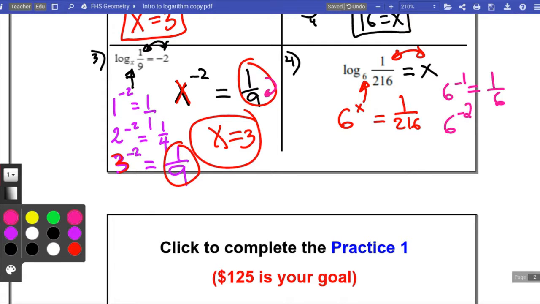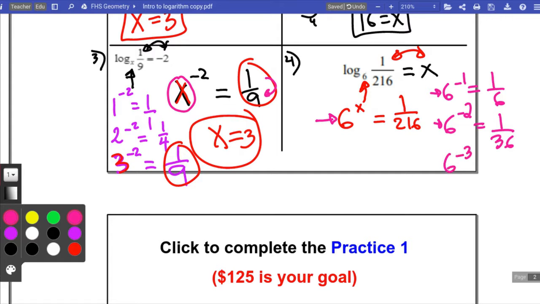Raised to -2. Why am I still using 6 every time? Because the base is already given to be 6. Here, the base was the x that I needed to find, that's why I was guessing numbers. Raised to the -2, that should be 1/36. Still not it.